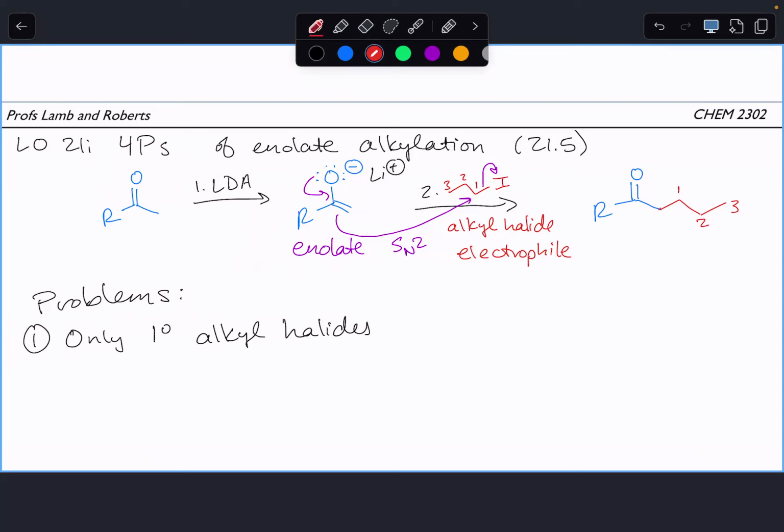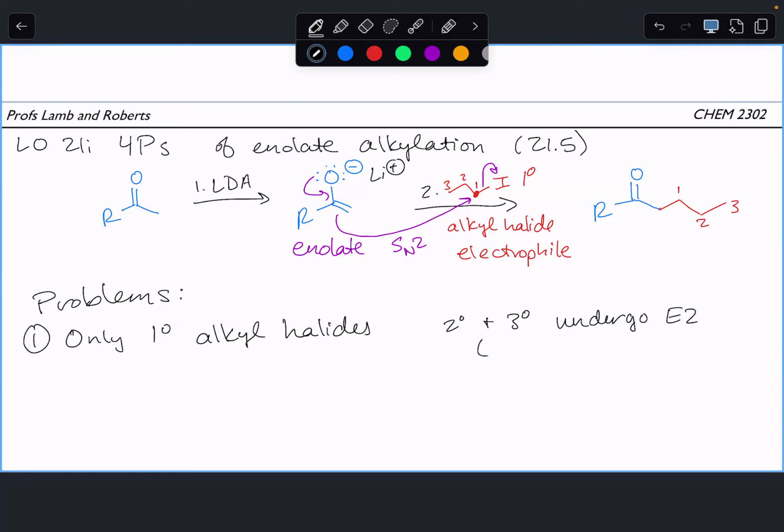The one that I drew up here, if we look at this carbon right there, that is a primary alkyl halide, because it has 1 carbon, the leaving group, and 2 hydrogens on it. So only primary alkyl halides. And the reason for that is because secondary and tertiary alkyl halides will undergo E2 elimination instead of SN2.